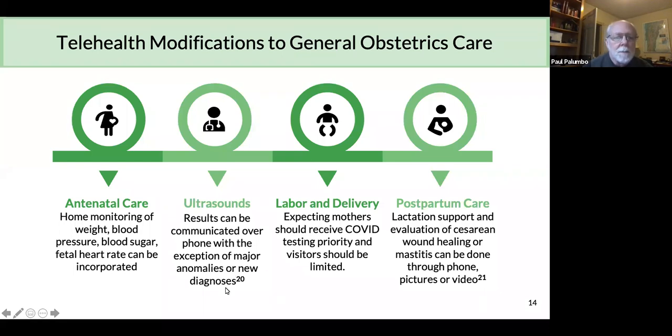Fetal heart rate can be monitored from a distance at home. Ultrasound results can be communicated over the phone for general results. Certainly if there is major news such as anomalies or new diagnoses, that's nice to be able to do in person if possible. For labor and delivery, expectant mothers should receive COVID testing priority, and visitors should be limited.